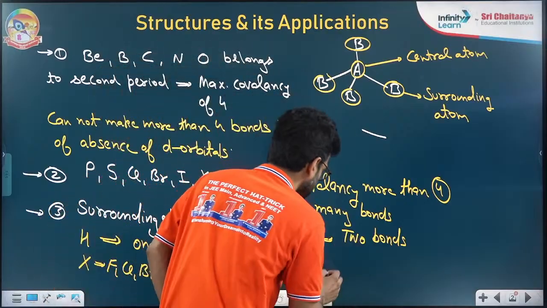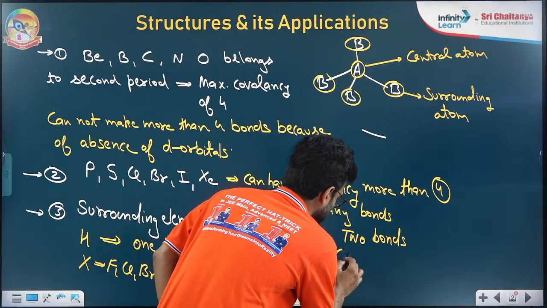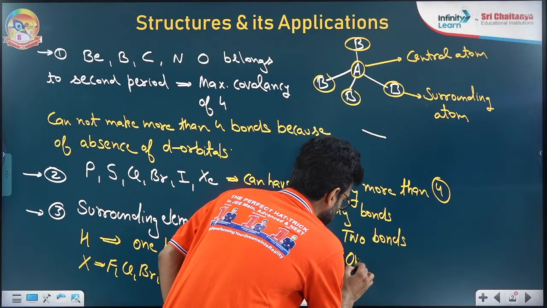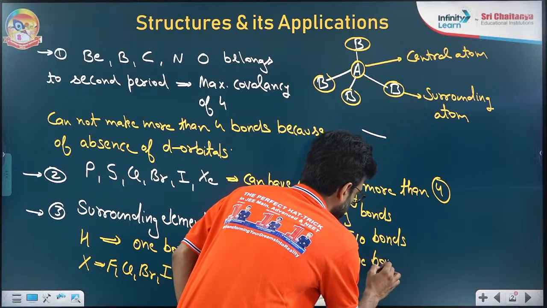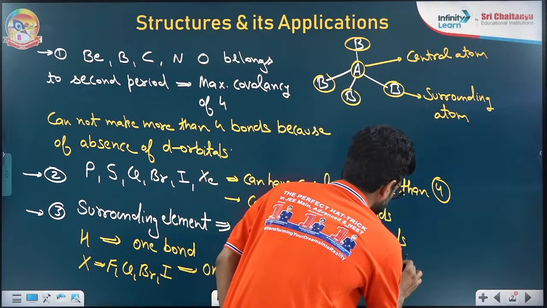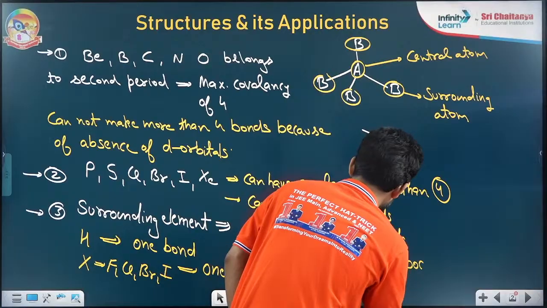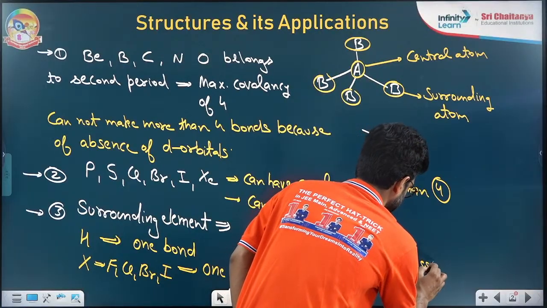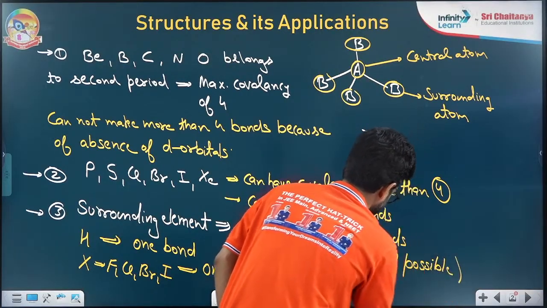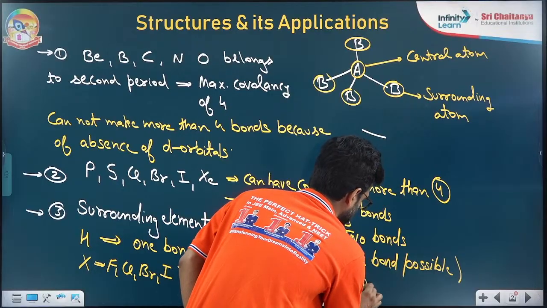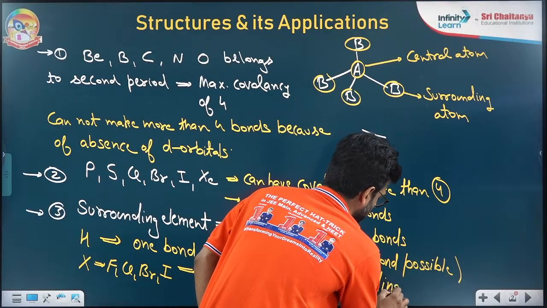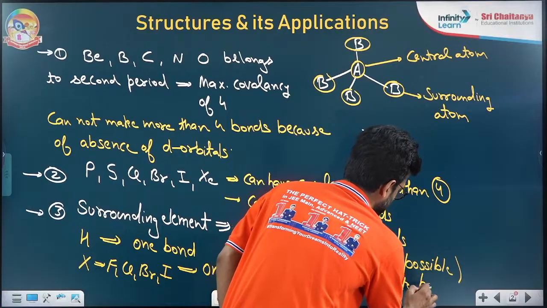I will show some examples. Rarely, 1 bond is also possible when it is a coordinate bond. I will discuss these things, don't worry. When I take examples, you will see.